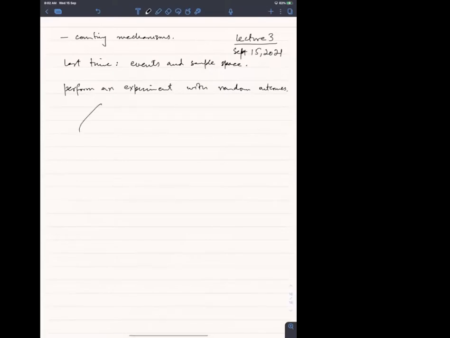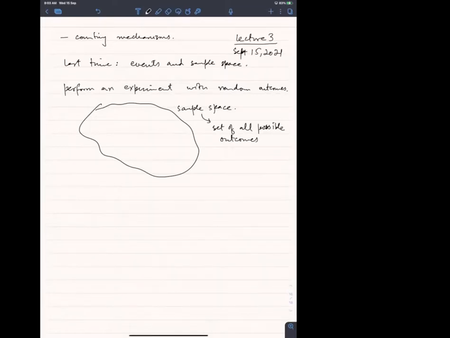So you can put all of these outcomes in a sample space. A sample space is nothing but the set of all possible outcomes. For example, when you roll a dice, you have 6 possible outcomes. When you roll a dice and a coin together, you have 12 possible outcomes, and the set of all of those 12 possible outcomes would be the sample space for that experiment.